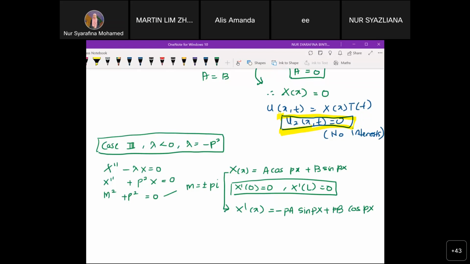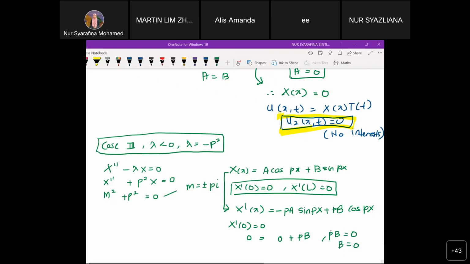Okay, and then apply the condition. So for this case, x prime 0 equals 0 will give you what? Negative pA sine 0 is 0, plus pB cos 0 is 1. So 0 plus pB, and then pB equals 0. So for this case, B equals 0.